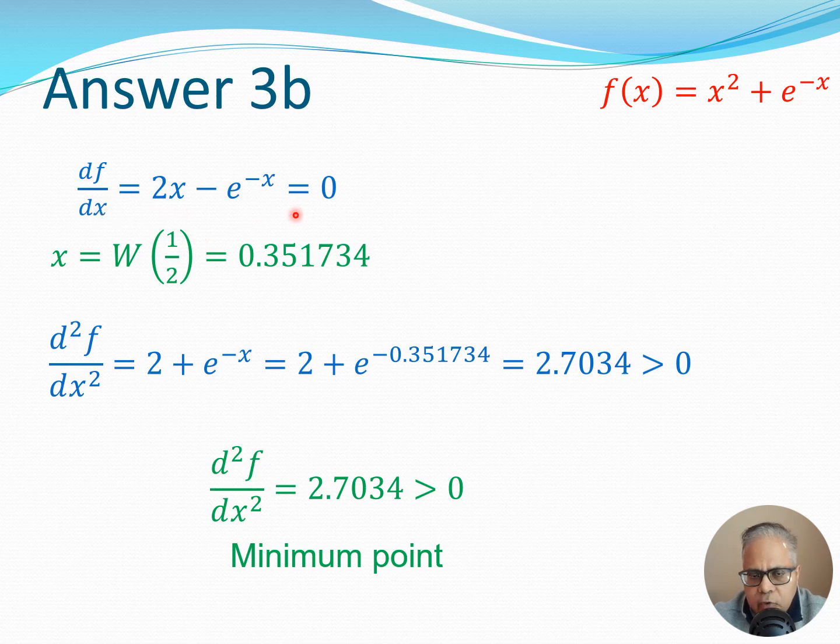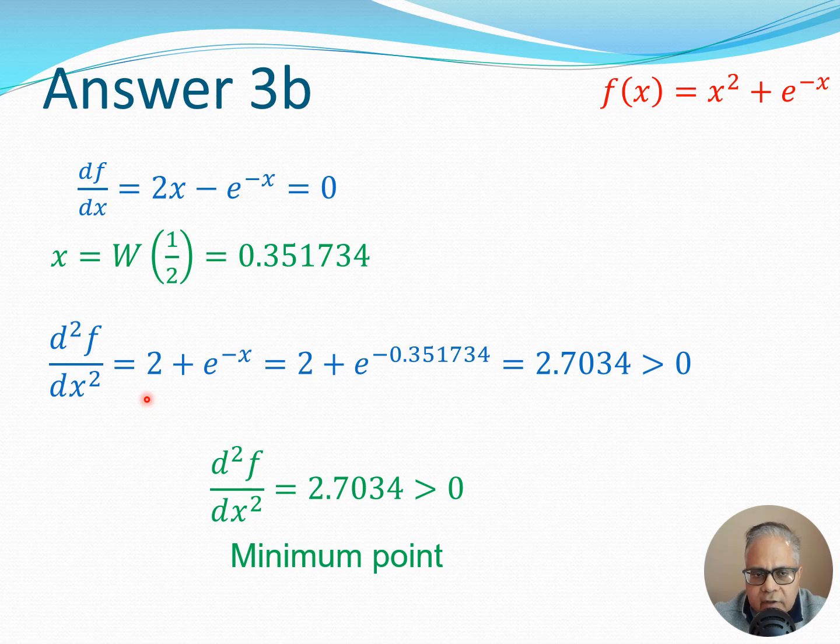So now that we know the minimum point, or I should say the stationary point, we can check whether that is the minimum point. In fact, we saw that x is W of half, that was 0.351734, that was the stationary point. So I take the second derivative of this function, x square plus e to the power minus x. Remember, the first derivative was 2x minus e to the power minus x.